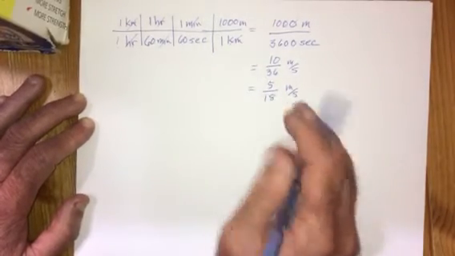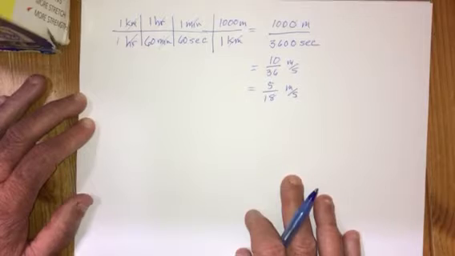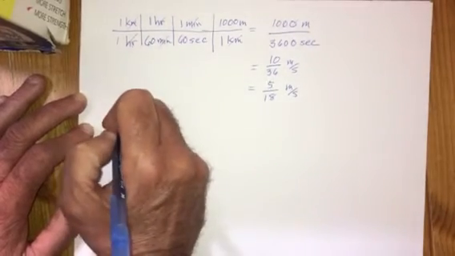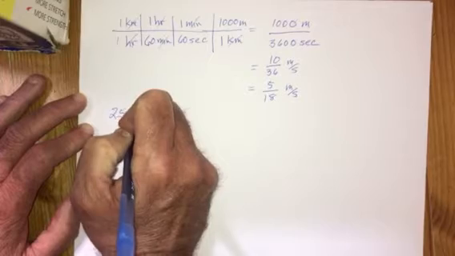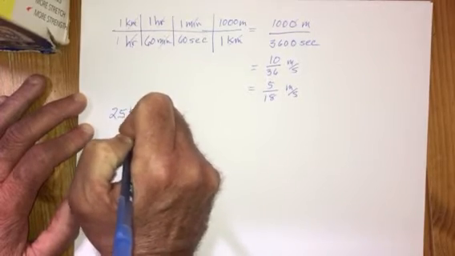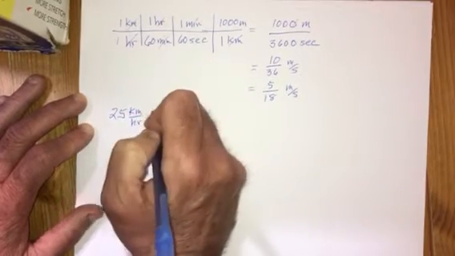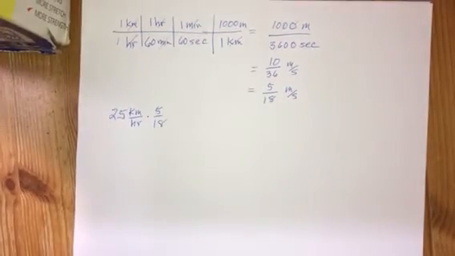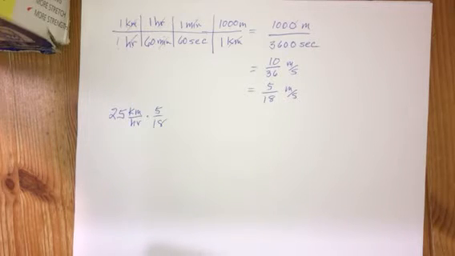Now we can use that number as a conversion factor to convert directly going from a speed in kilometers per hour into meters per second. So for example, if we have 25 kilometers per hour, we can multiply that by 5 over 18, and that's going to give us the speed in meters per second.